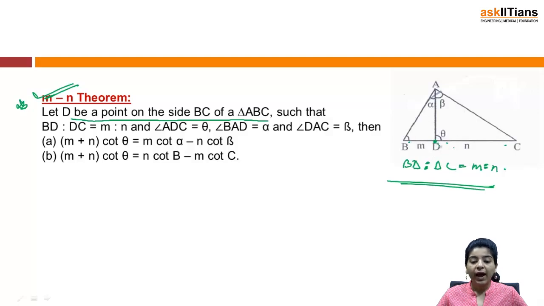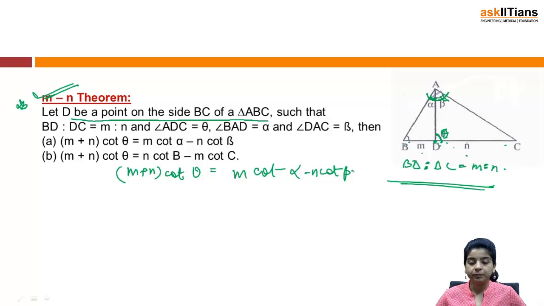And angle ADC, this angle is theta, and BAD is alpha, this angle is alpha, and DAC is beta, this angle is beta. Then (m plus n) cot theta is equal to m cot alpha minus n cot beta, right.